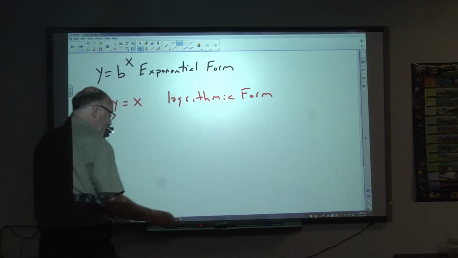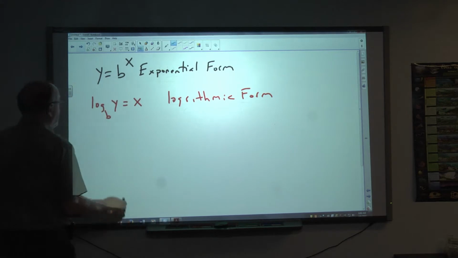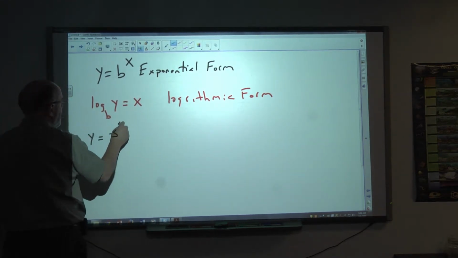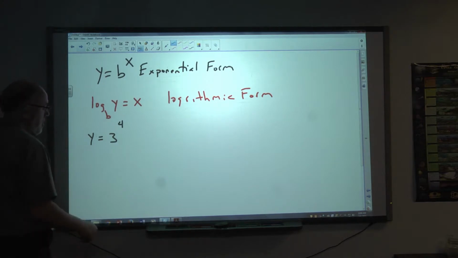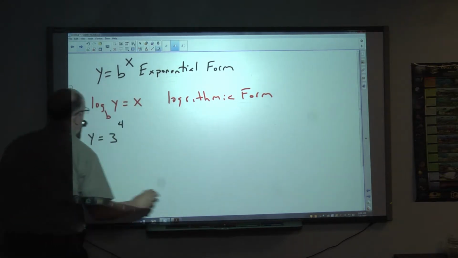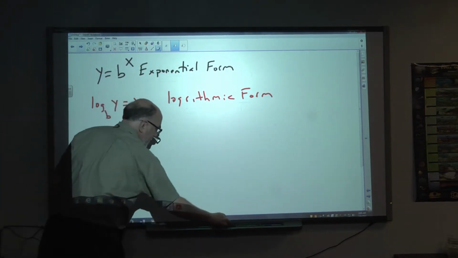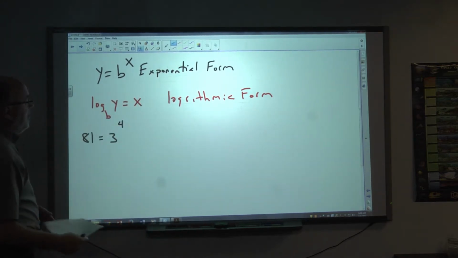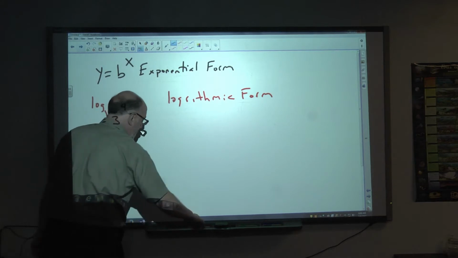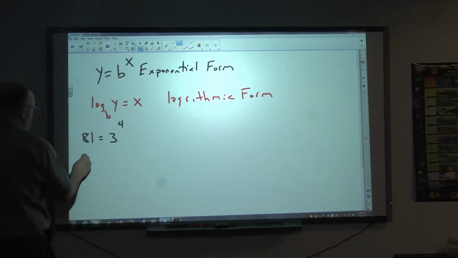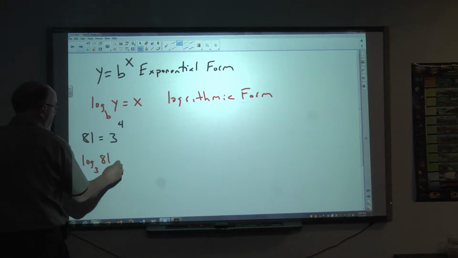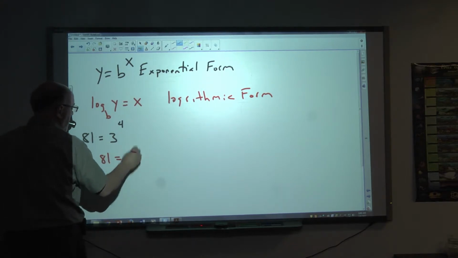So for example, given that this is the exponential, y equals 3 to the 4th, that's going to be 81, right? And as I rewrite that in logarithmic form, this would be log base 3 of 81 is 4.